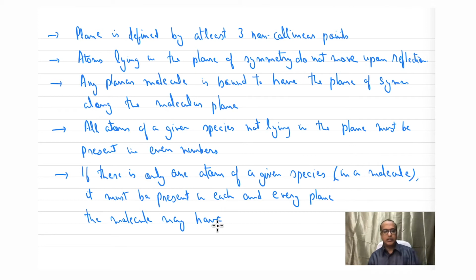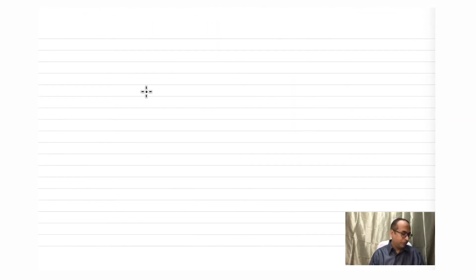So anything which is present as a single number must be present in each and every plane, right? This is again obvious because if it is not present in each and every plane, you cannot find a partner of that upon reflection, and then if you cannot find one, there would not be any plane of symmetry present, right? So again, this will be very clear when we look at the examples.